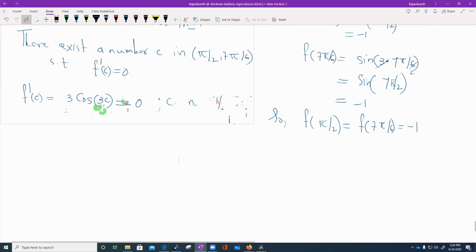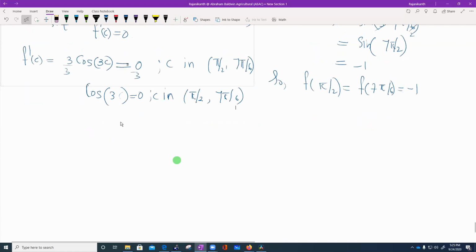So you could divide by 3 on both sides. So cosine 3c is supposed to be 0, right? Where c is in pi over 2 comma 7 pi over 6. My task is now to find c values.